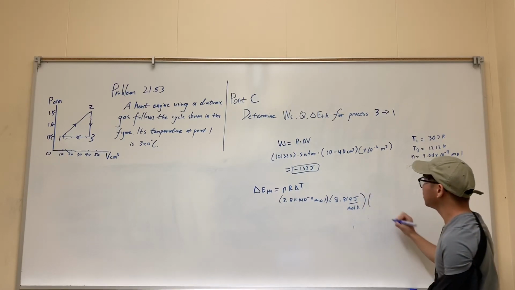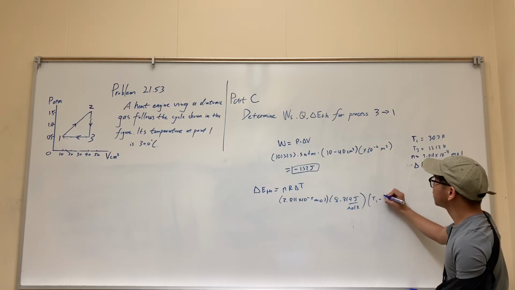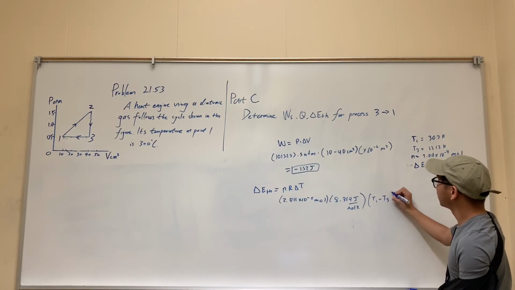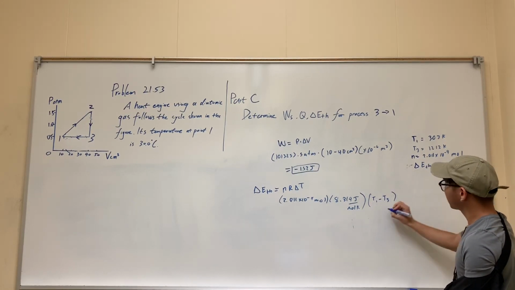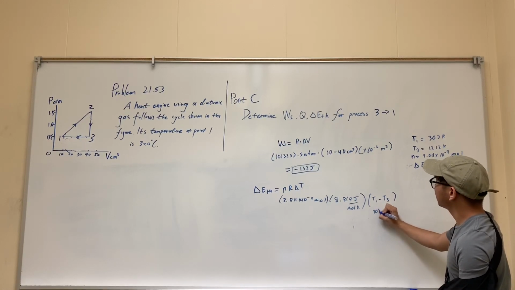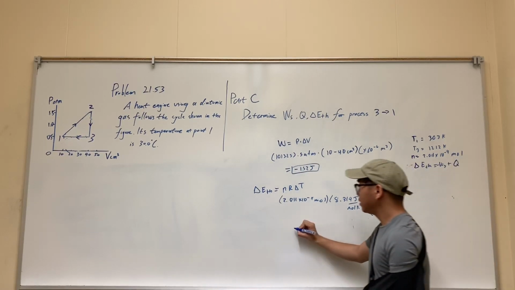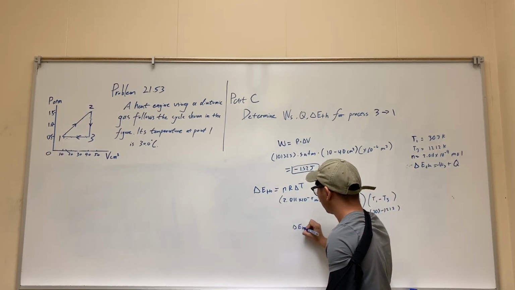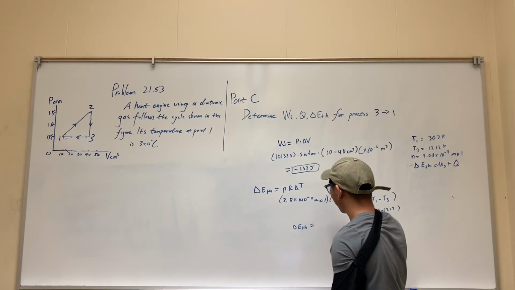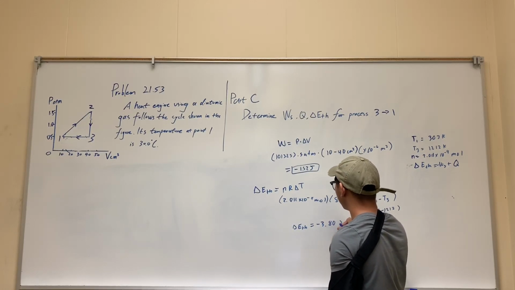And our delta T should be T1 minus T3, which is 1,303 minus 1,212. And our delta ETH will end up being negative 3.80 joules.